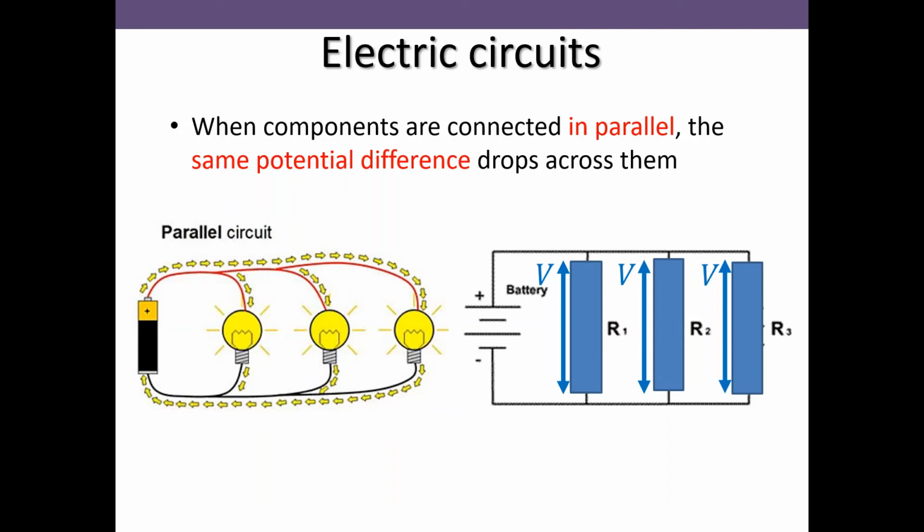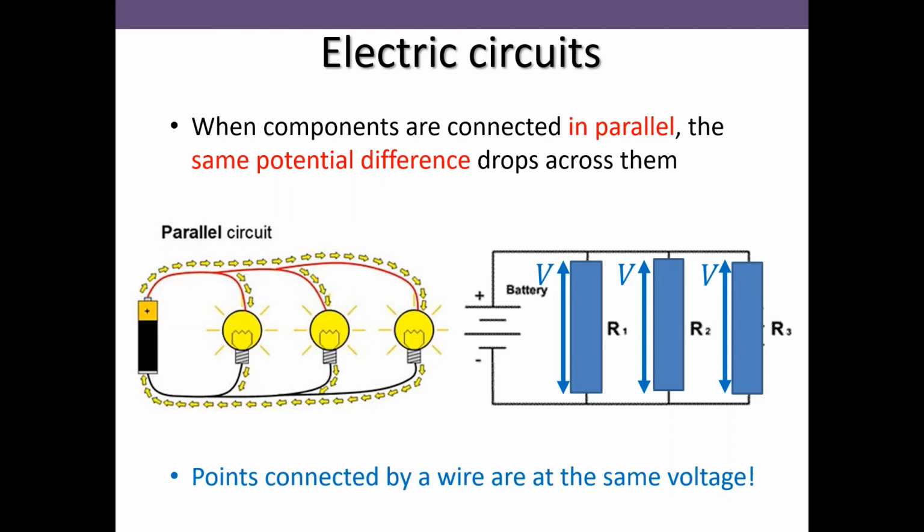So in a parallel circuit, you've got 3 separate loops, and each of those resistors will have the same potential difference drop across them because you treat them as separate loops. Points connected by a wire are at the same voltage.